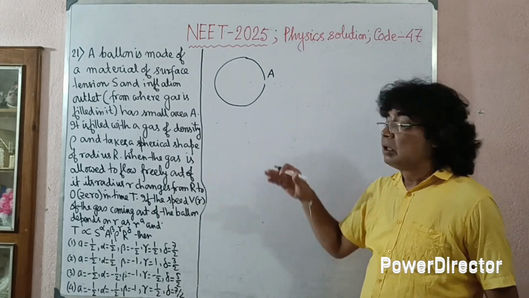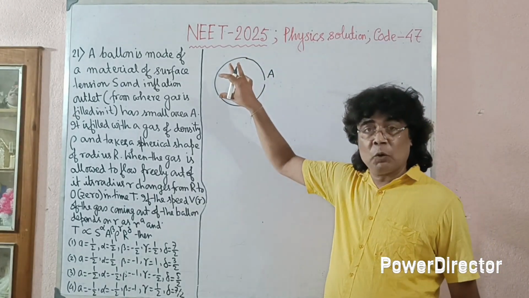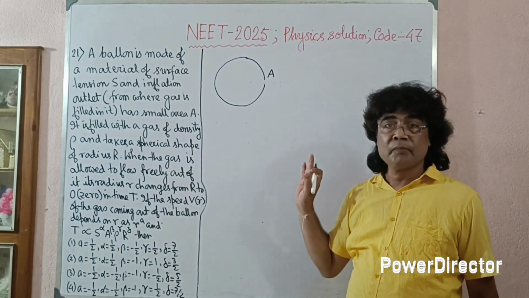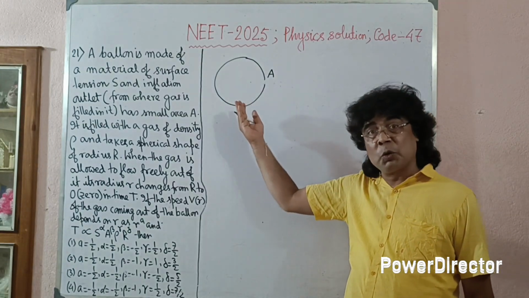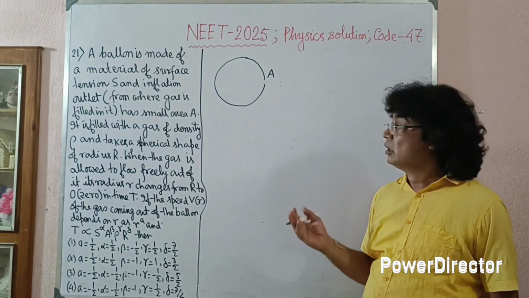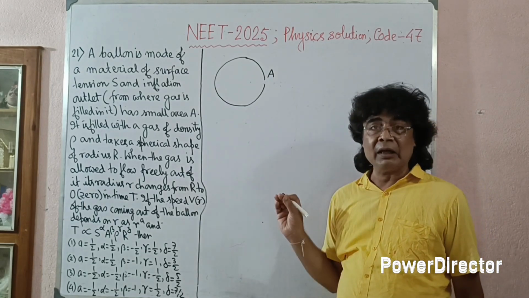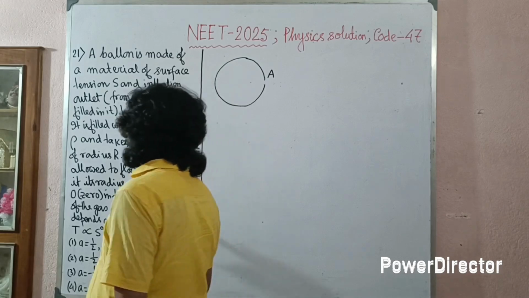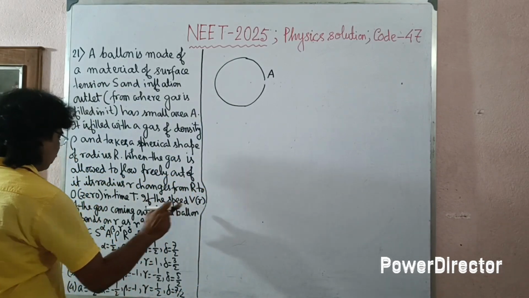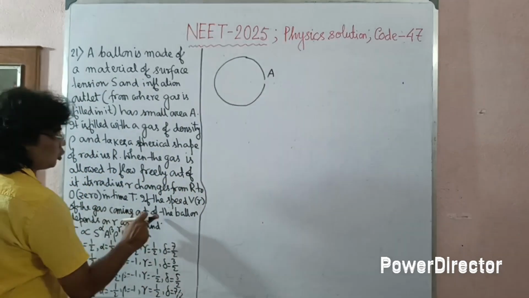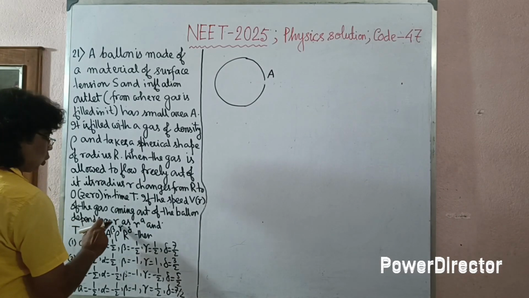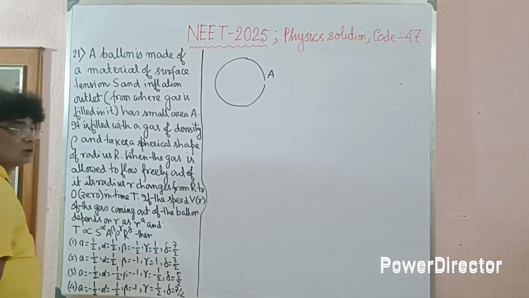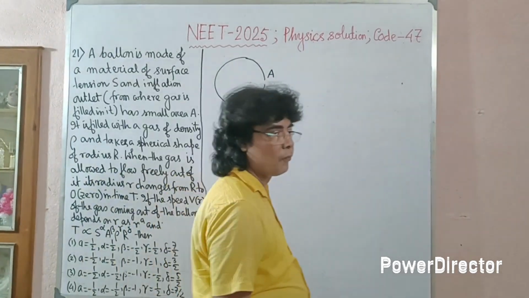Now the gas inside the balloon is allowed to come out through the hole, and total time taken is capital T. If the speed small v of the gas coming out of the balloon depends on small r as small r to the power capital small a.